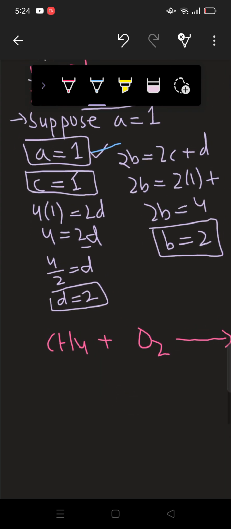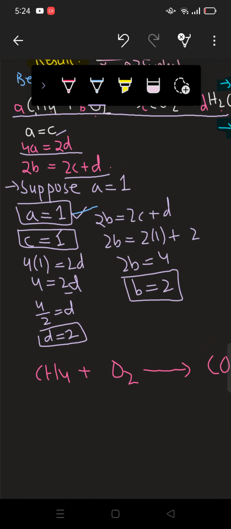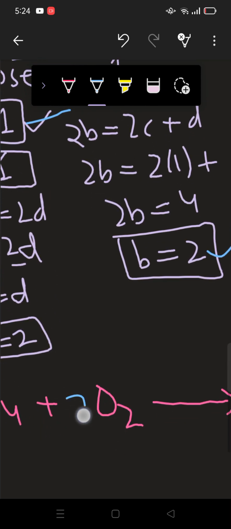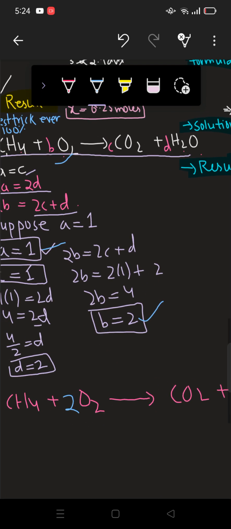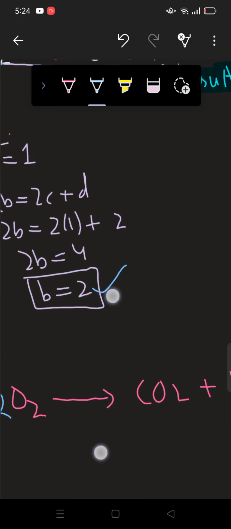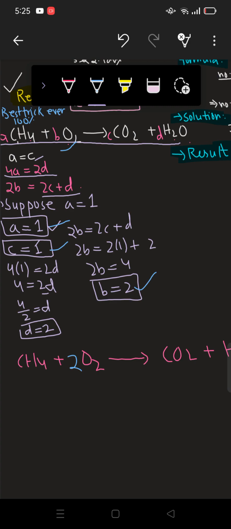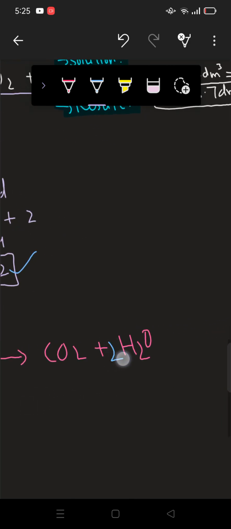It is 1, means I can either write the value of 1 or not, since it is also represented as 1 here, right? So B is equal to 2, and B we have with oxygen, so 2O2, right? C is equal to 1. It's not necessary to write 1 here, right? It is also representing 1, right? So the value of D is 2, so here I'm putting 2.